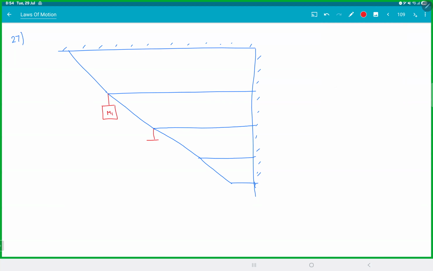M1, like a bunch of grapes, M2, M3, M4. This angle is theta, this angle is alpha, this angle is beta, this angle is gamma. There are a lot of strings like this, and all these strings are perpendicular here. All these are strings. Gravity is there, so blocks are hanging.